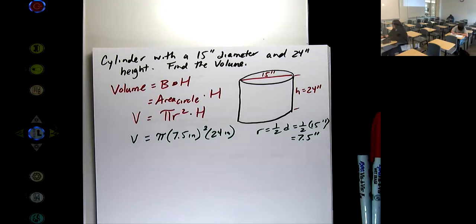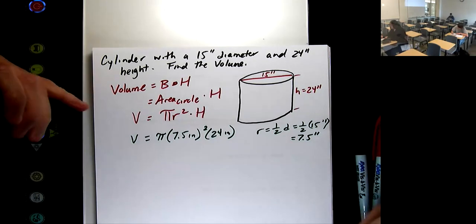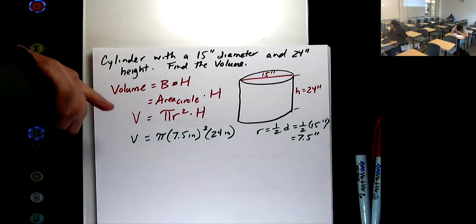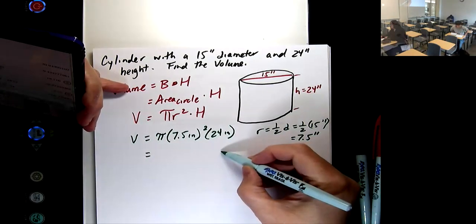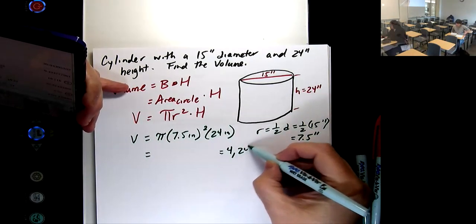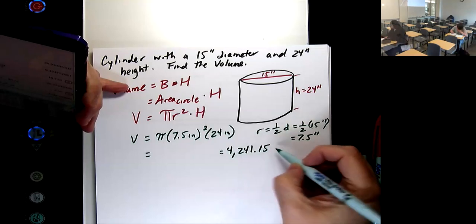So I've got pi times 7.5 squared times 24. I am getting 4,241.15.